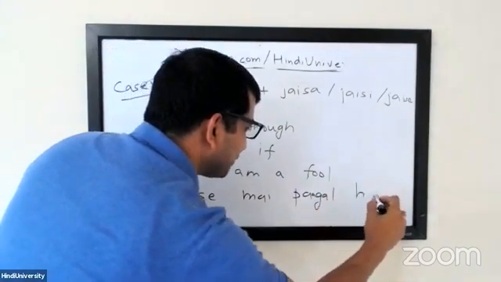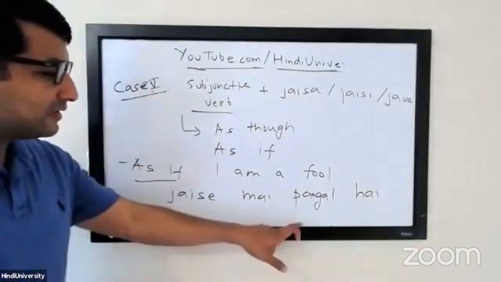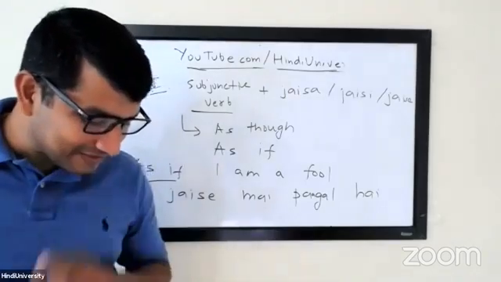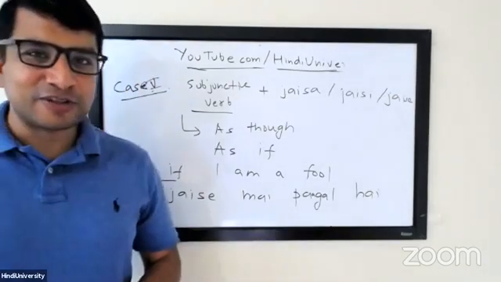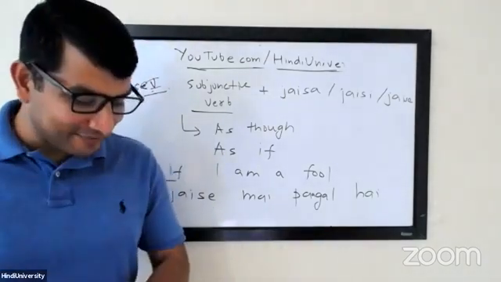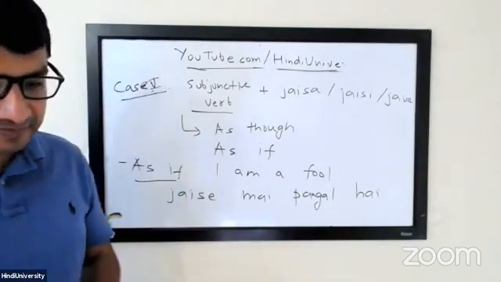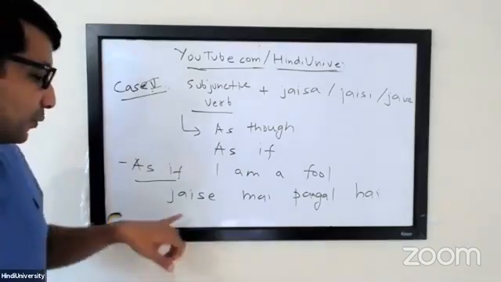It's subjunctive because you're not really a fool, right? But the way I'm being treated, it's as if I am a fool: जैसे मैं पागल हूं.